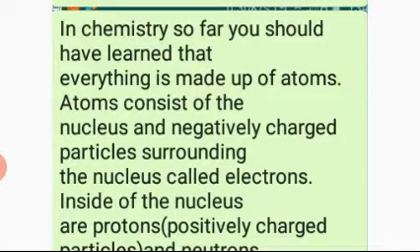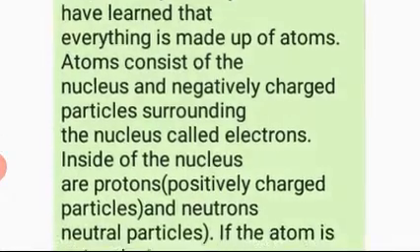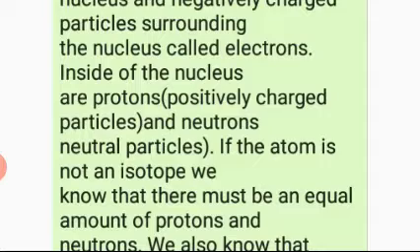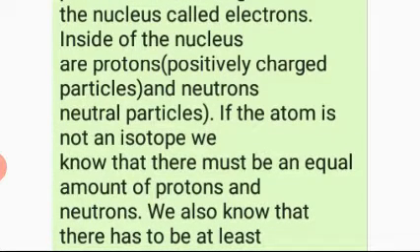Electrons move around the nucleus, and the nucleus is positively charged because protons are there. Inside the nucleus are protons, positively charged particles, and neutrons, neutral particles. A neutron has no charge, that's why they are neutral particles.